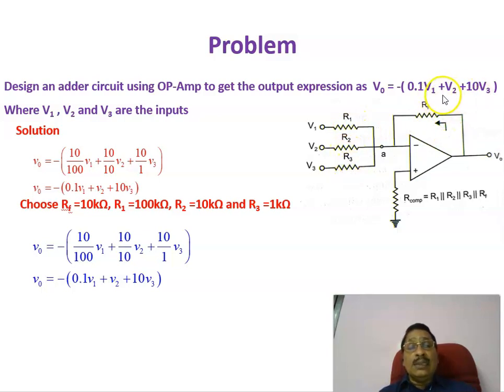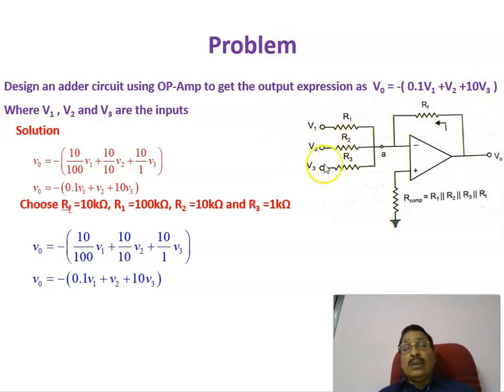As an example, take RF equal to 10 kilo ohms. You can take any appropriate value; I am just taking the feedback resistance as 10 kilo ohms. Similarly, R1 I am taking as 100 kilo ohms, R2 as 10 kilo ohms, and R3 as 1 kilo ohm.